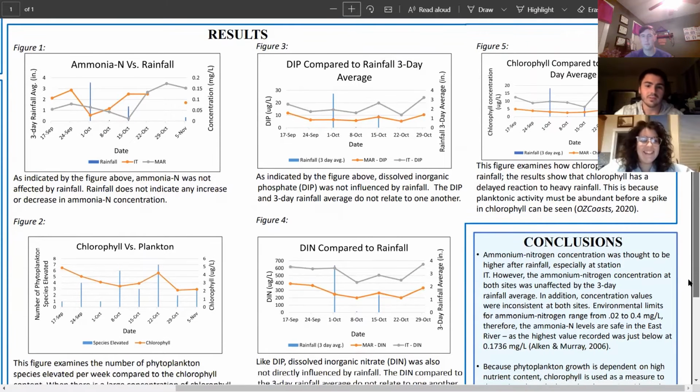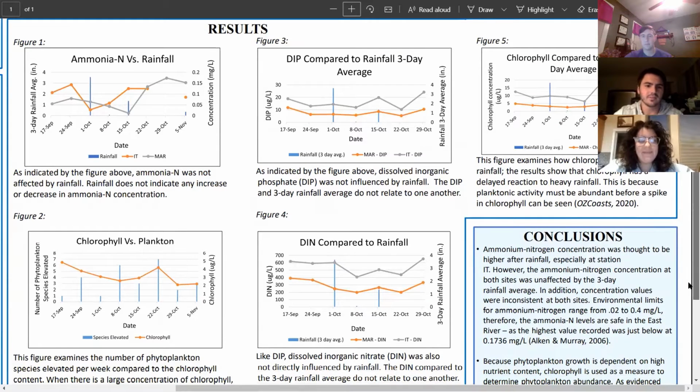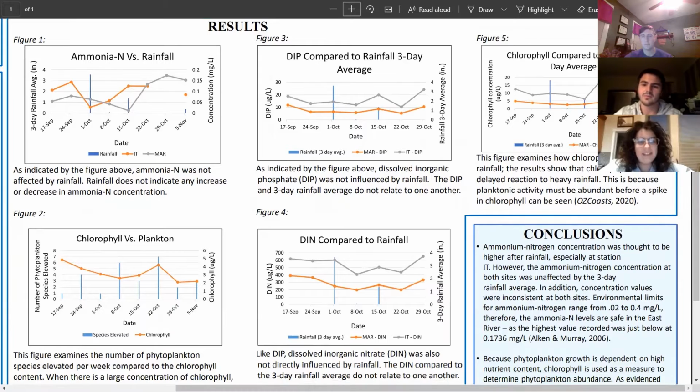For the results, we did five different figures. In our first figure, we did ammonium nitrogen versus rainfall, and ammonium nitrogen was not affected by the rainfall.